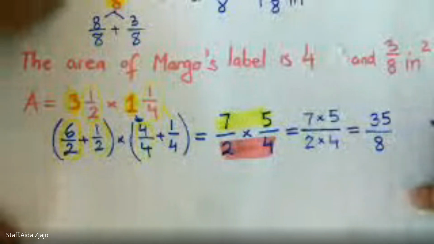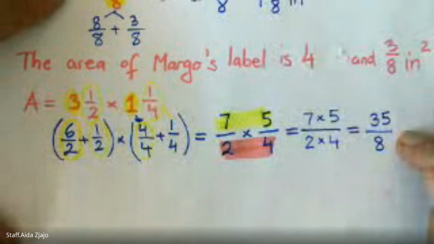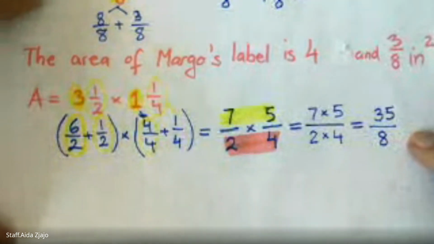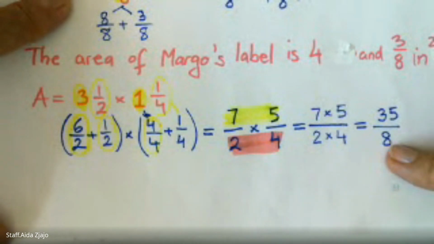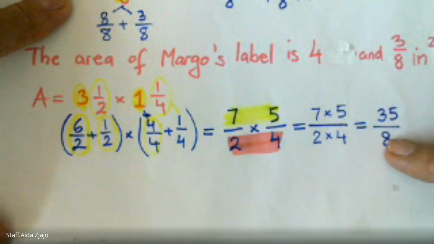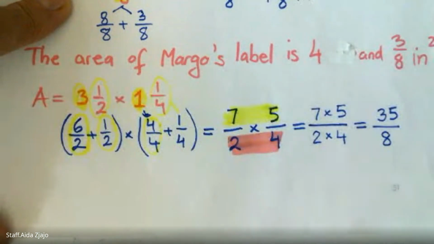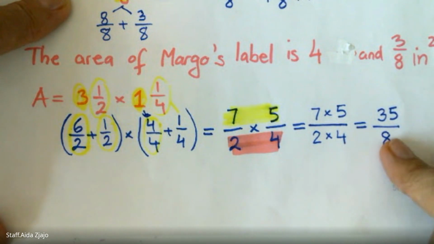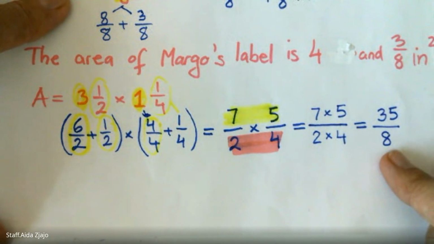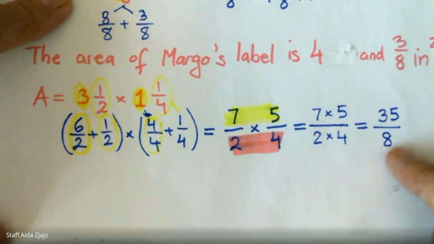But if they ask to find the mixed number, then you know, how many times is 8 in 35? You can think, oh, if I say 5 times 8 is 40, that's too big. So I could think about 4 times 8 is 32. So 32 pieces will make 4 wholes, and I will have 3/8 left.